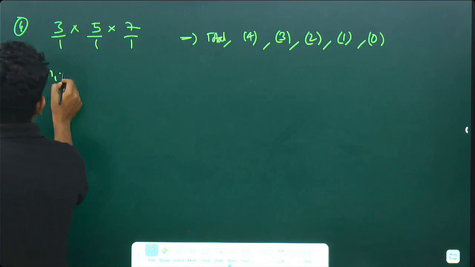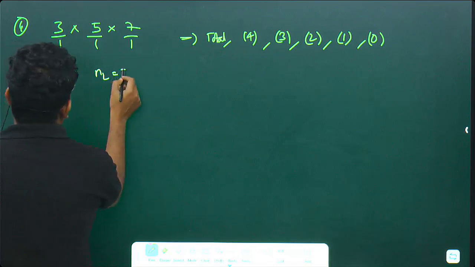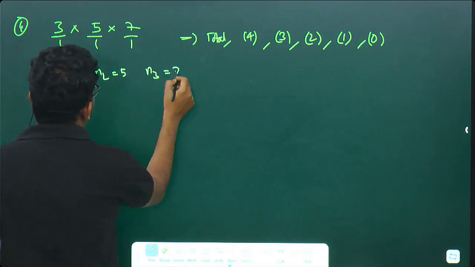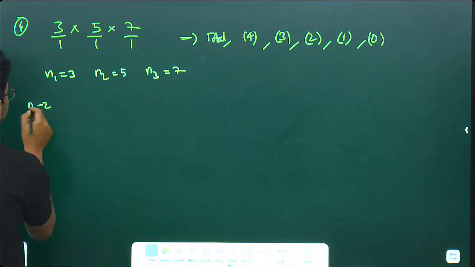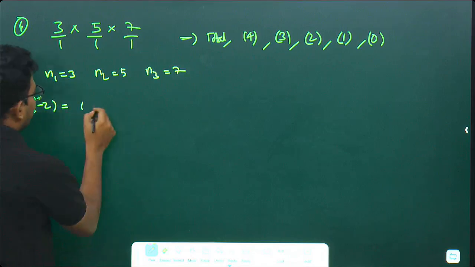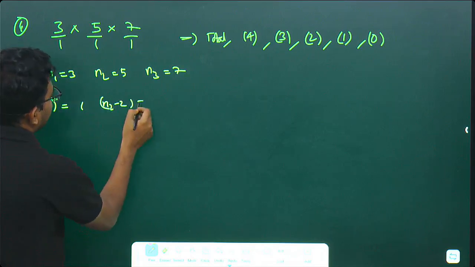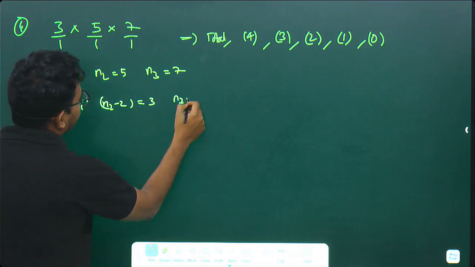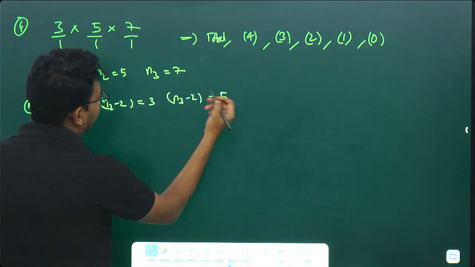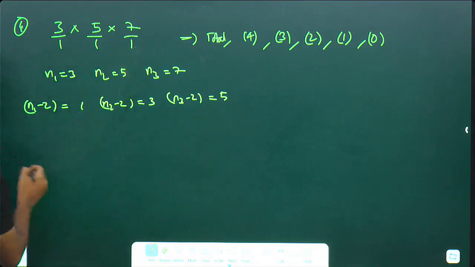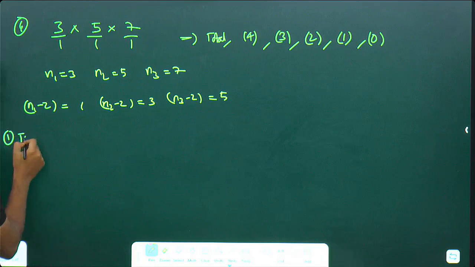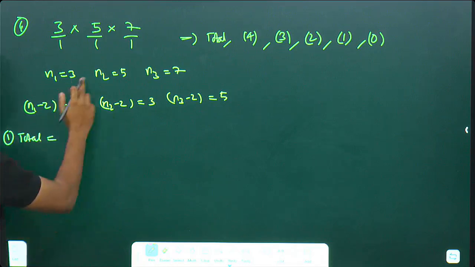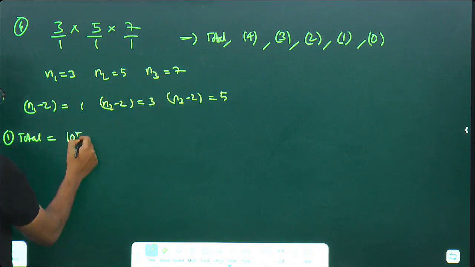n1 is 3, n2 is 5, n3 is 7. n1 minus 2 is 1, n2 minus 2 is 3, n3 minus 2 is 5. Now first one, total, which is 3 into 5 into 7, which is 105.